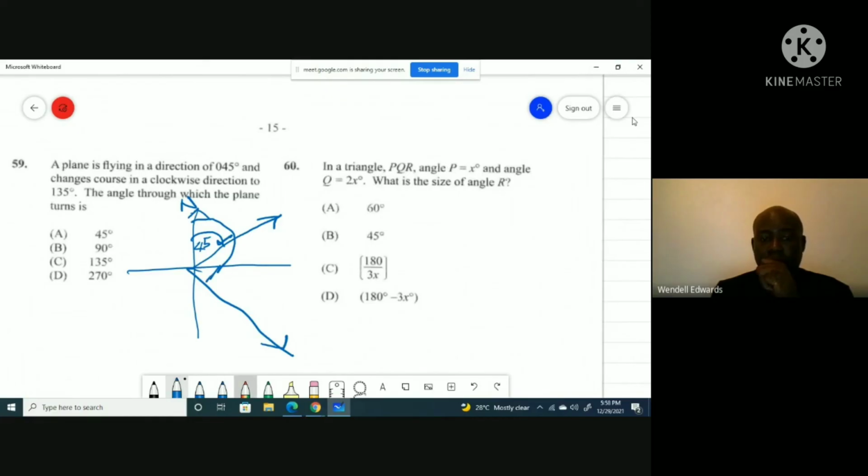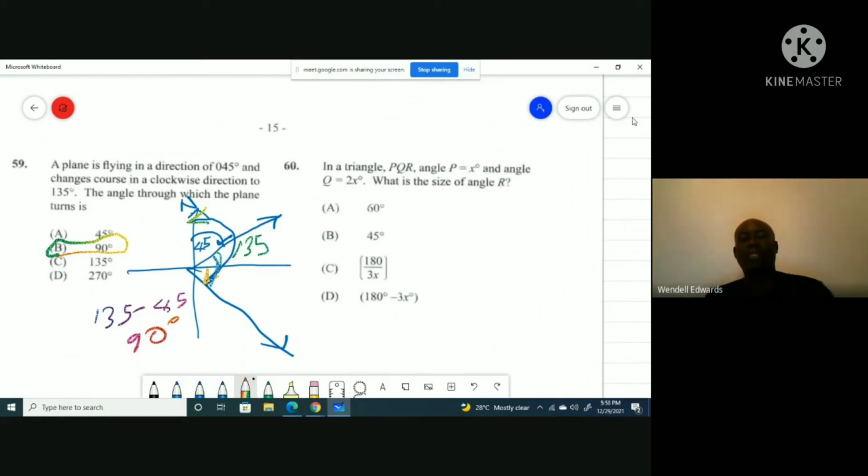So if I just quickly change this, all of that angle out there was 135. You could see that there is a little difference here. It's going to be 135 minus 45, and then you'll get 90 degrees. So there was a 90 degrees increase in the bearing, so it was a 90 degrees turn.